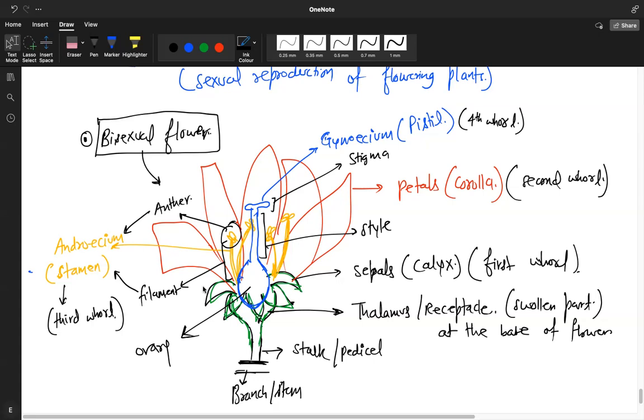Write down first part calyx, which is sepal. Calyx or sepal. Write down it is the outermost layer.